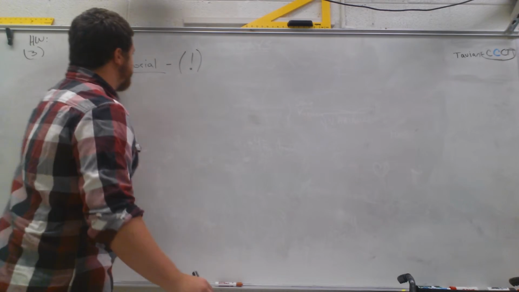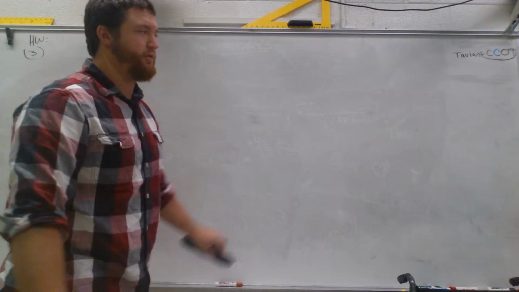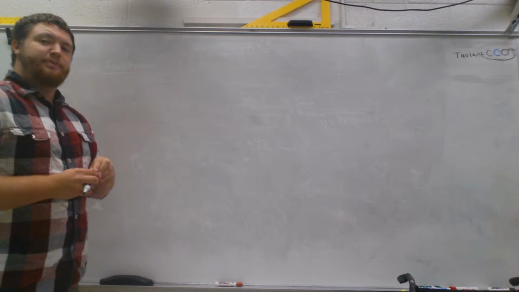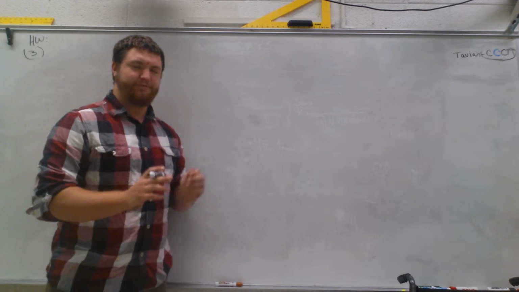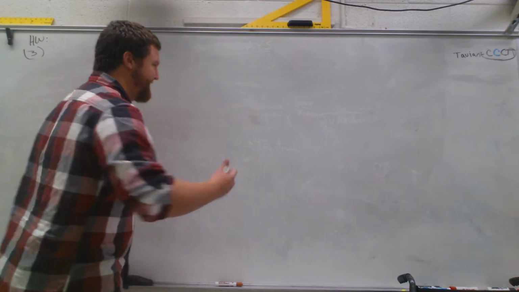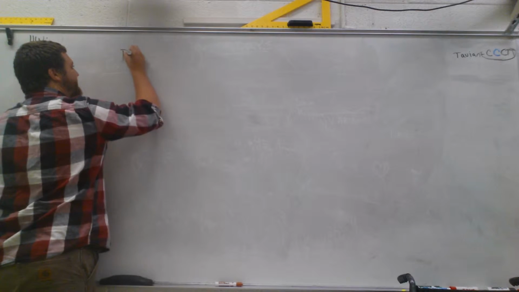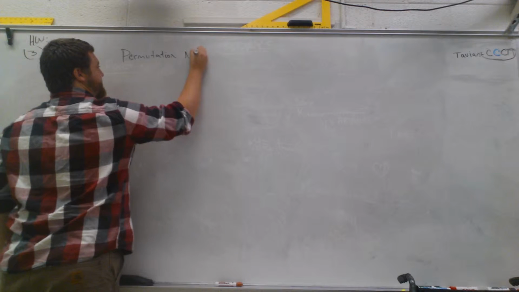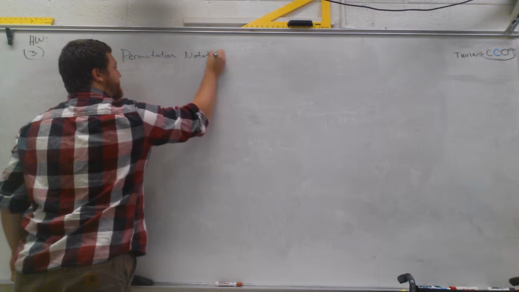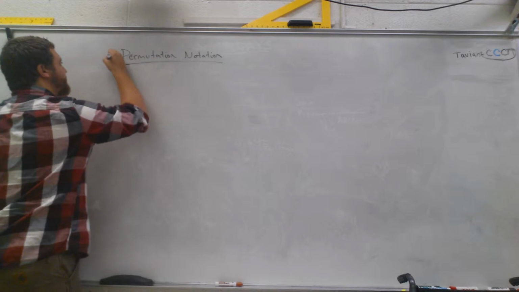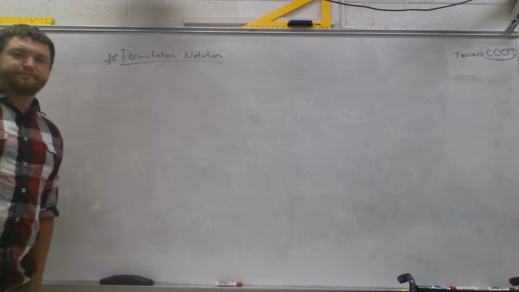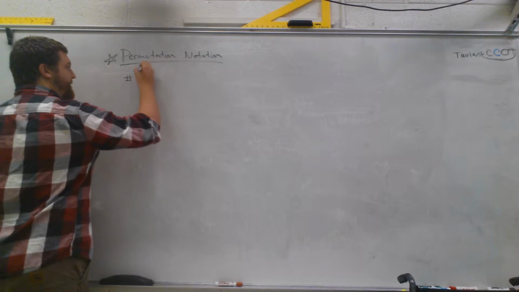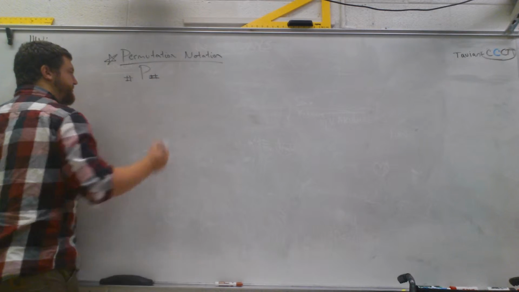Alright. In these permutations we're about to do, you're going to see a bunch of factorials, and we're going to talk about how to work with them. Also, I need to talk to you about what permutation notation looks like. Permutation notation looks like this: you'll have a number, then a big P, and then another number.